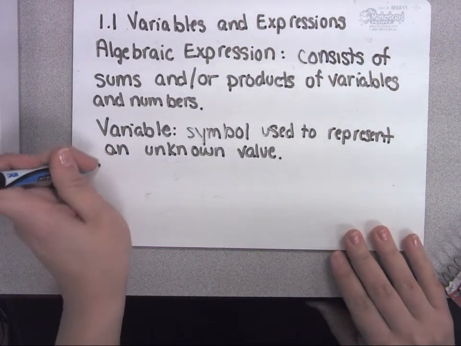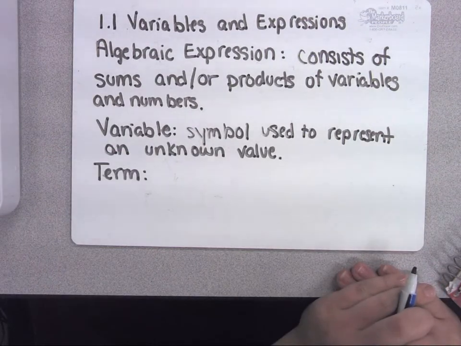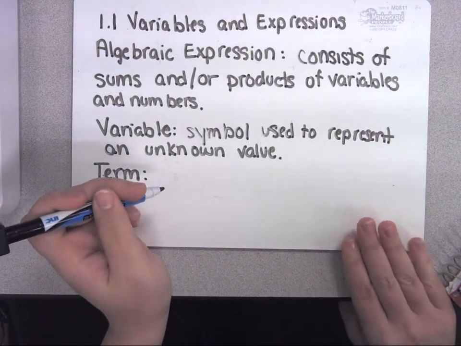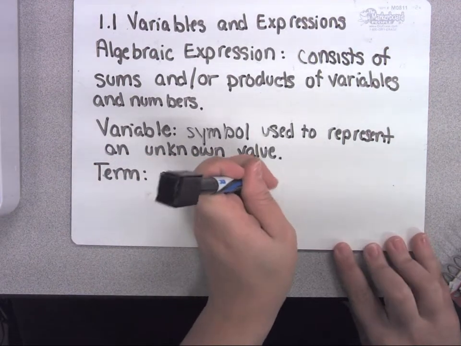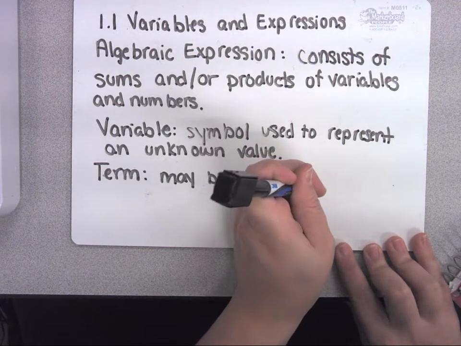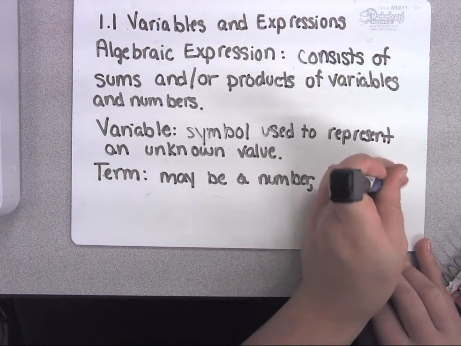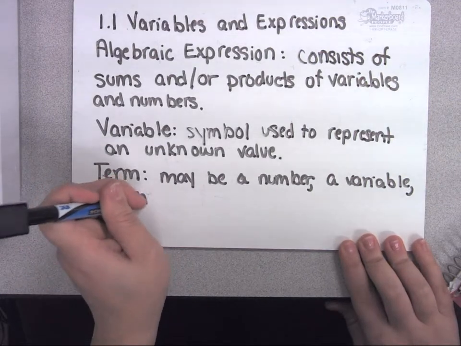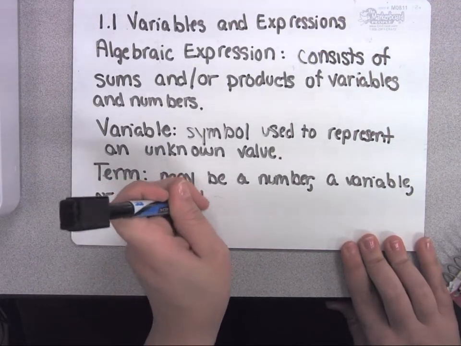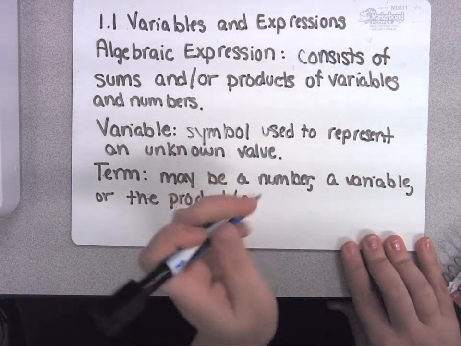Next word is term. Am I going too fast? Are we okay? Okay, crickets. A term may be a number, a variable, or the product/quotient.